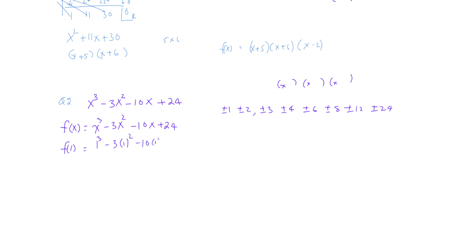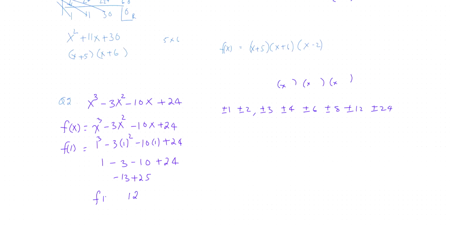We get 1 minus 3 minus 10 and 24. 24 plus 1 is 25. So negative 13 plus 25, we get 12. So f of 1 is 12. So it is not a factor.